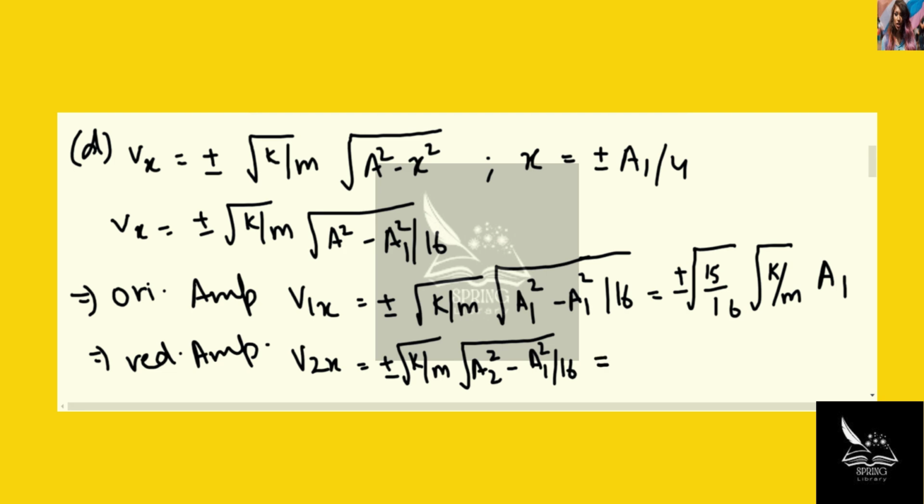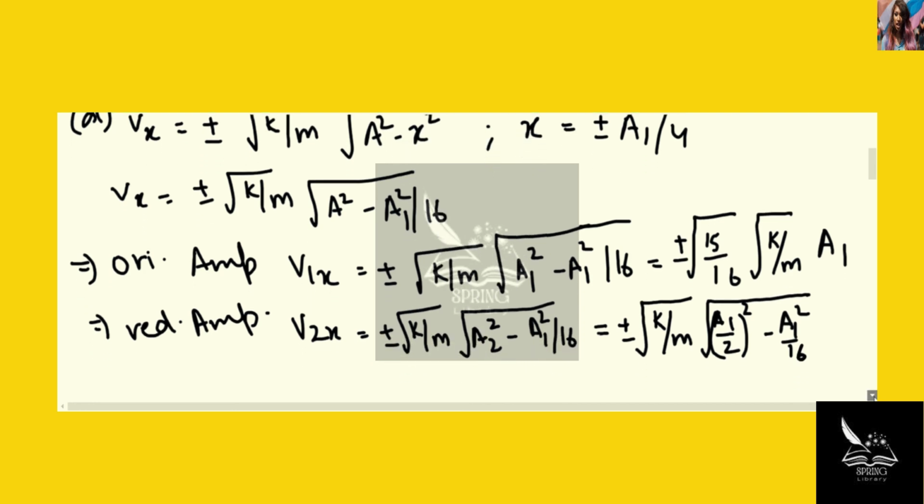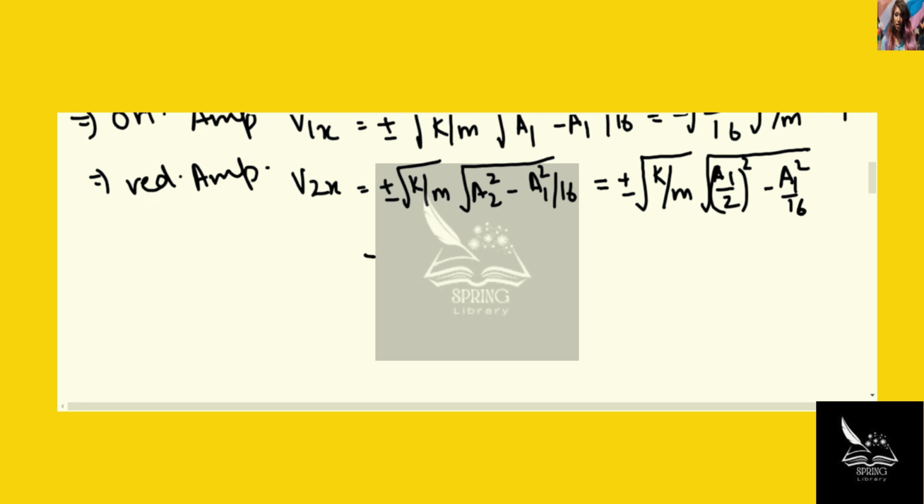So that is equal to plus or minus root of k upon m into root of A1 upon 2 the whole square minus A1 squared upon 16. So in this case, we get v2x as plus or minus root of 3 upon 16, root of k by m, A1.